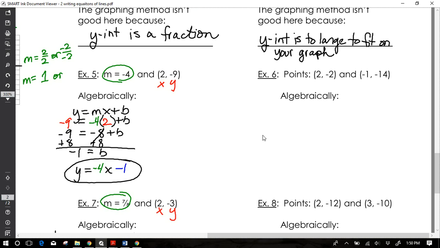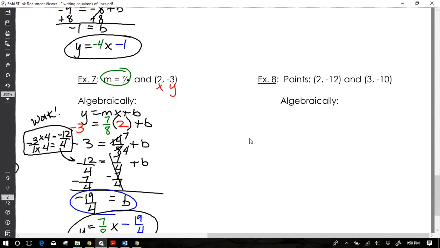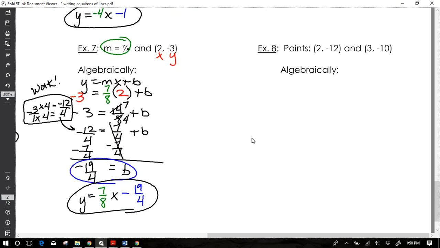And then down to example 7. And I know that some people would probably struggle with number 7 simply because of the fractions again. 7 times 2 is 14, over 8 times 1 is 8. So I had 14 over 8 as my fraction, and then I had to simplify it. So if you divide both 14 and 8 by 2, I got 7 over 4.